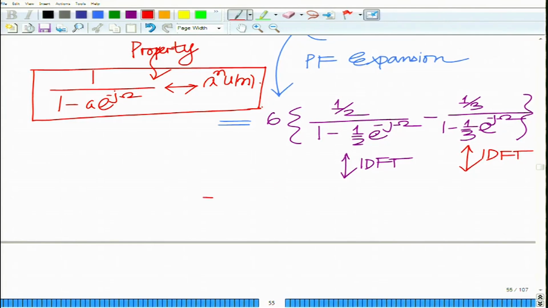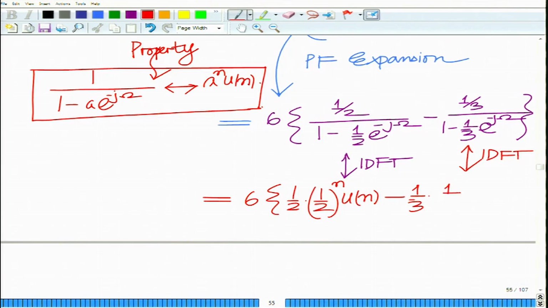Using this property and taking the IDFT, we have 6 times half raised to the power of n u[n], from 1 over 1 minus half e raised to minus j omega, minus 1 over 3 times 1 over 1 minus 1/3 e raised to minus j omega, which gives 1 over 3 raised to n u[n].